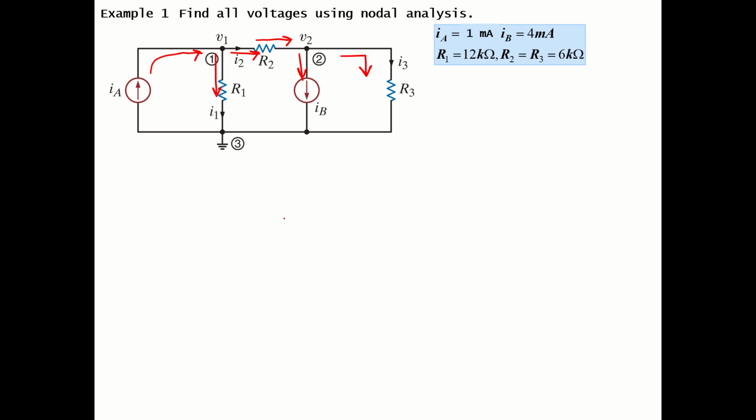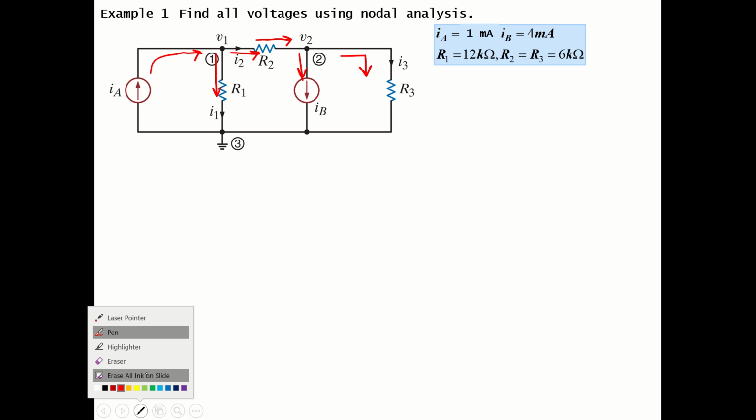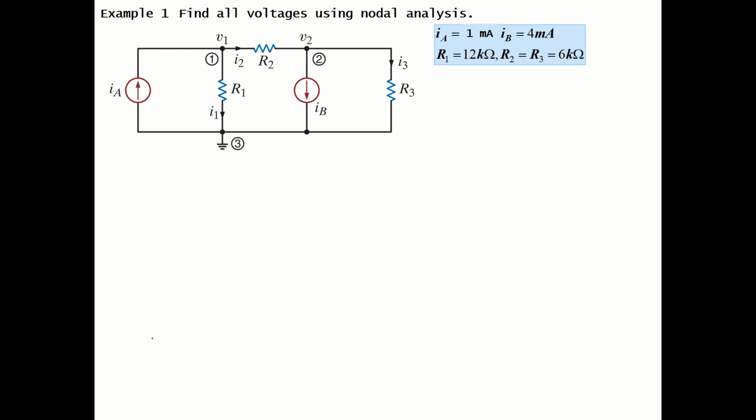So one way is, if the circuit is given with current directions, you may assume and use them. The other way, which is more systematic and better, and which we will use to solve all the examples of this series, is to assume that at every node currents are leaving.